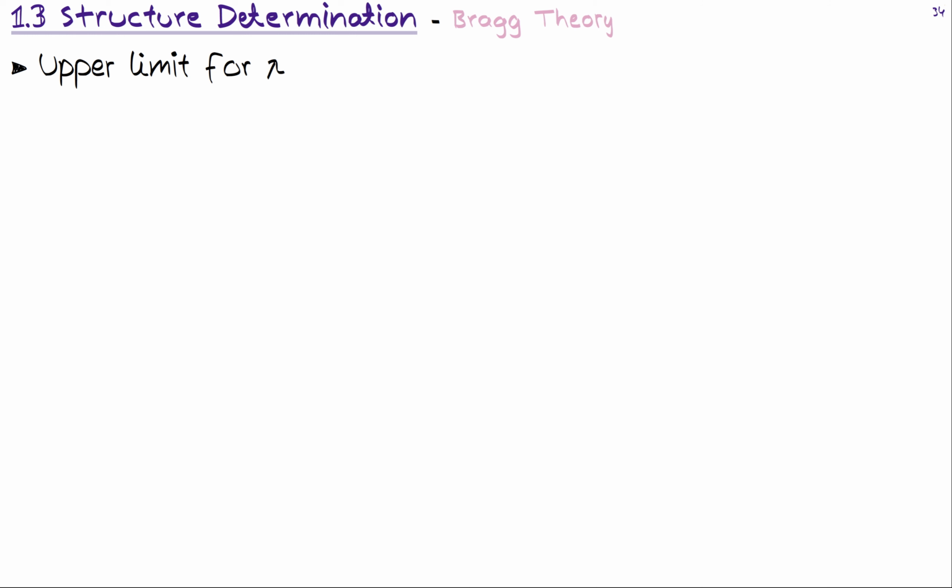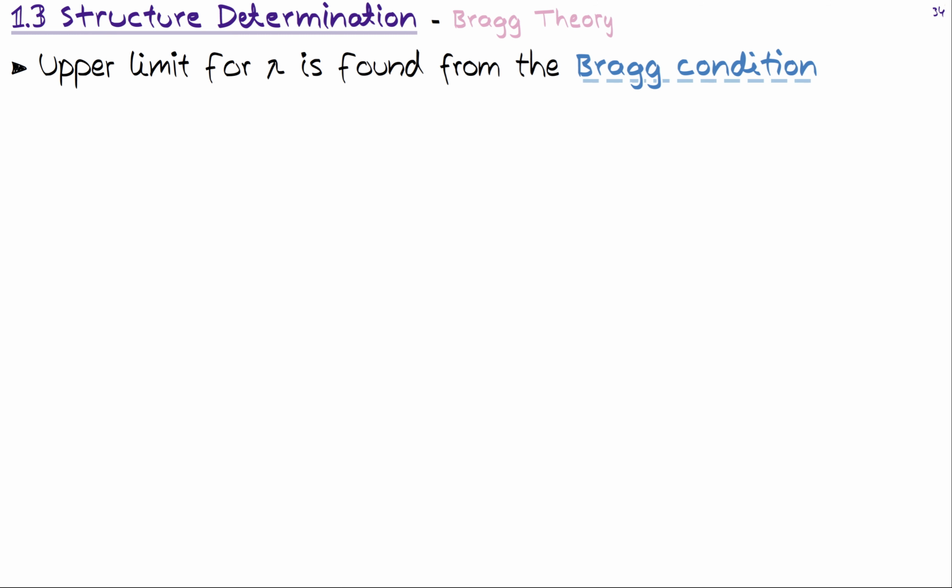What we can already do with the Bragg theory, and this is the only thing we will do with it in practice, is estimate the upper limit for the wavelength. We can find this by just using the Bragg condition.